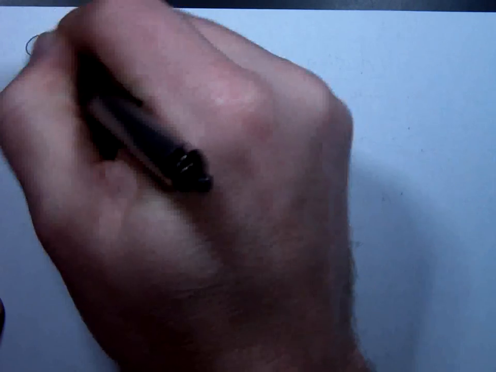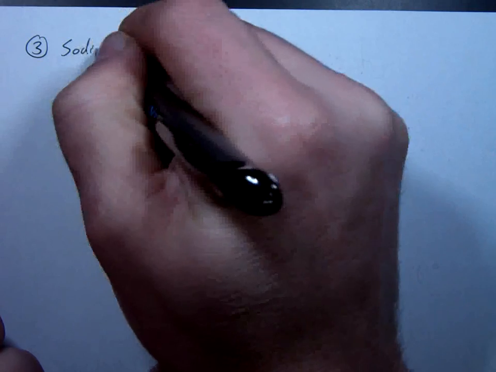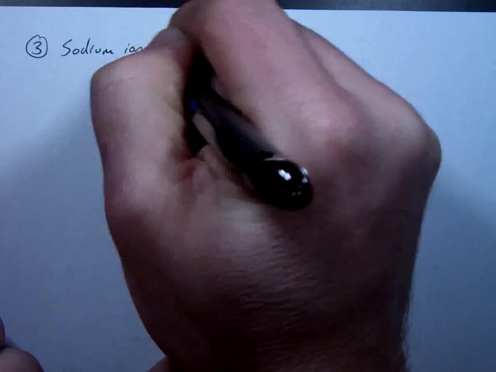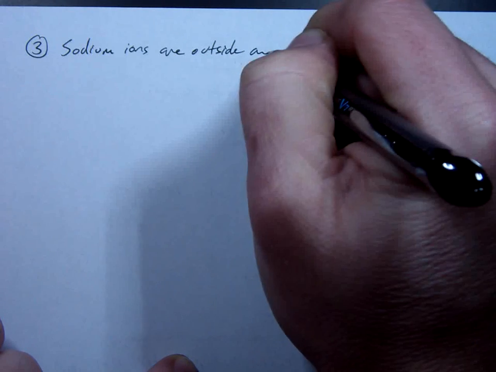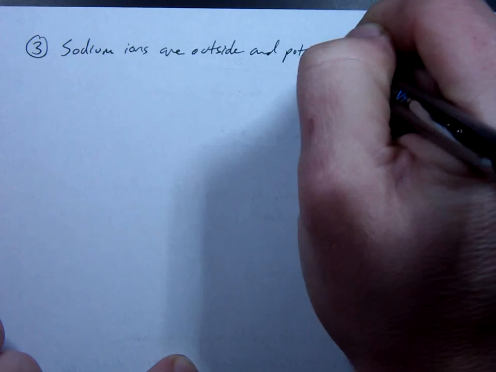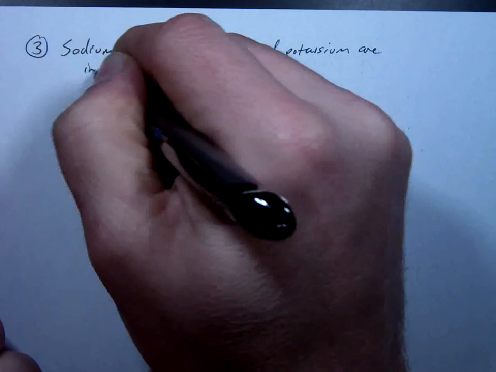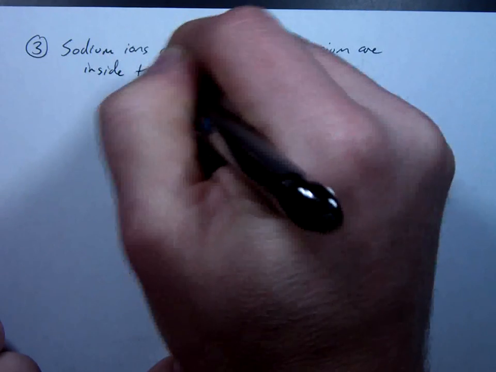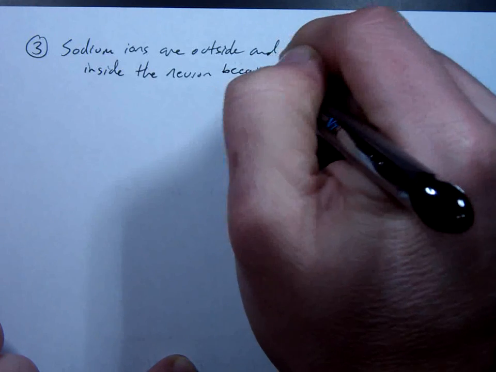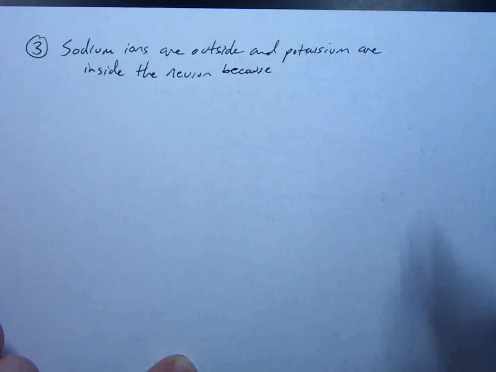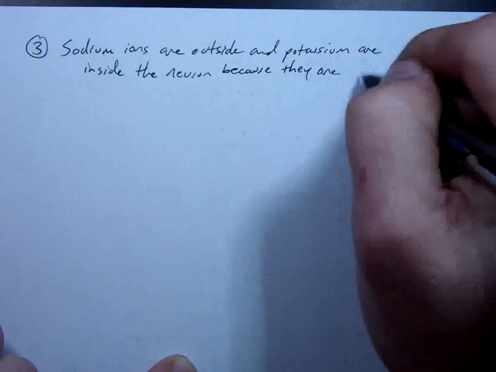Three. Sodium ions are outside, and potassium ions are inside the neuron because they are pumped there.